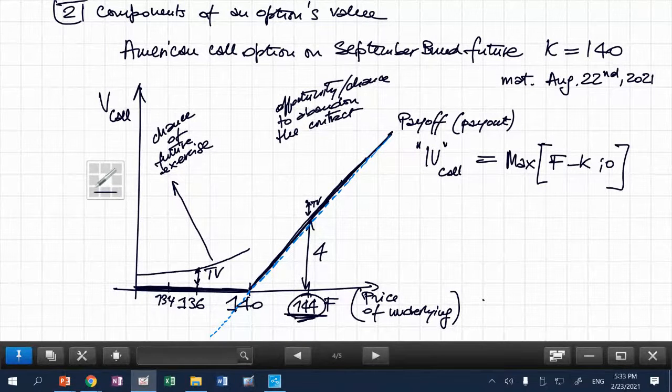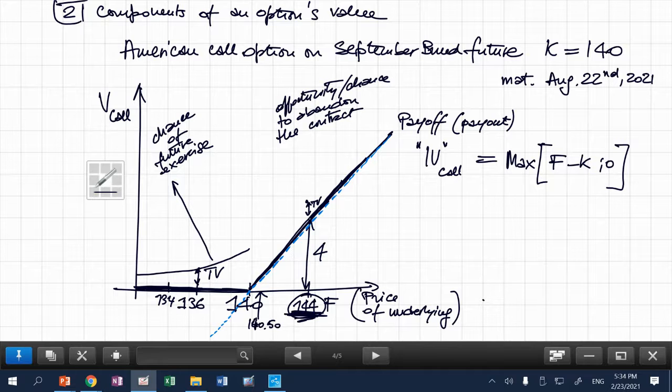Now, if we understand that this is linked to the chance of abandoning if the market drops below 140. Last question on this. Would this opportunity to potentially abandon be worth more if the future quotes 144 or if the future quotes 140.50?